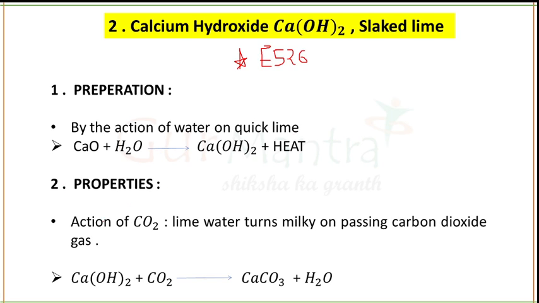Properties: when you react calcium hydroxide with CO2, this will turn lime water milky and produce calcium carbonate, and a water molecule is liberated. So this is the important reaction of calcium hydroxide.